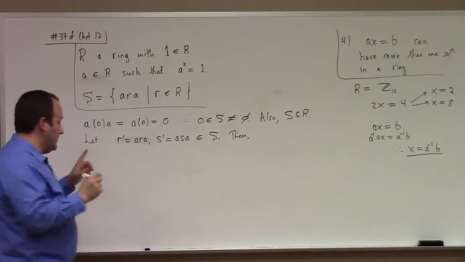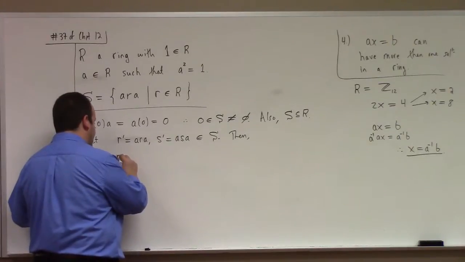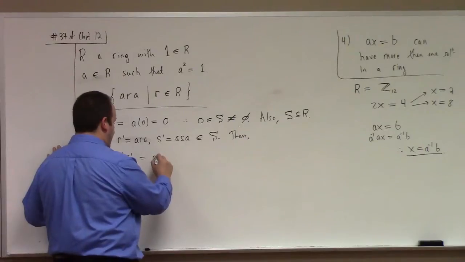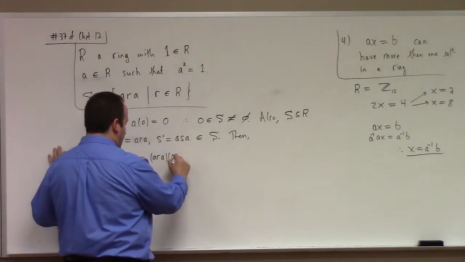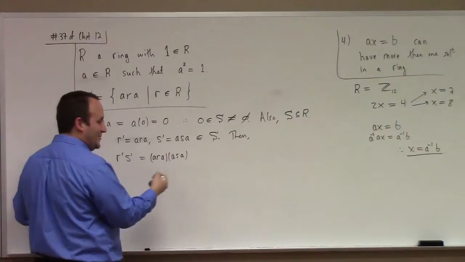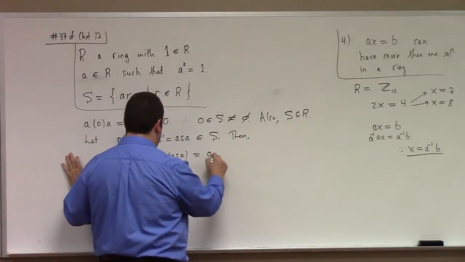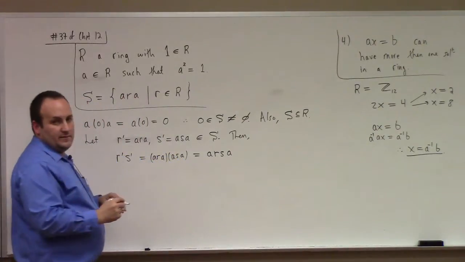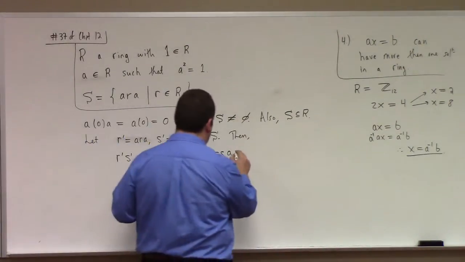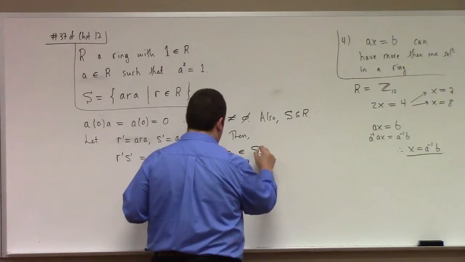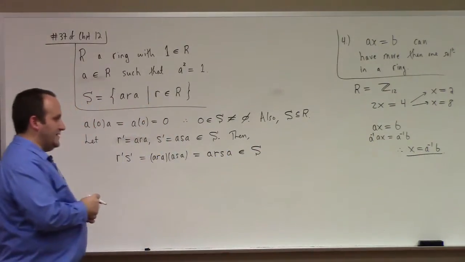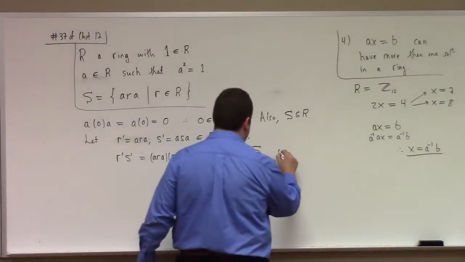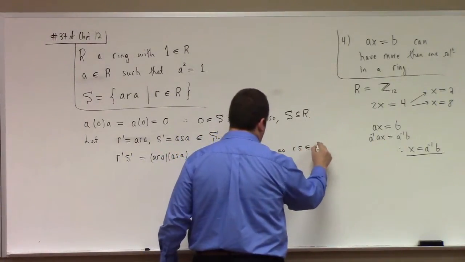Okay, so here, if we look at R prime, S prime, what do we get? We get ARA, ASA. Sorry, I'm an idiot. Right, so that's A, R, S, A. Which is again an element of S, because RS is an element of the ring.